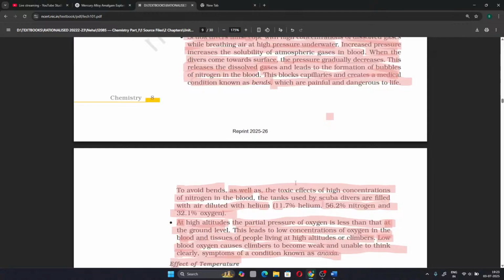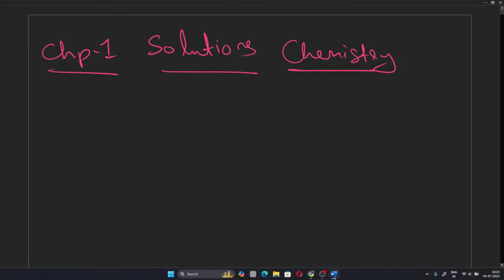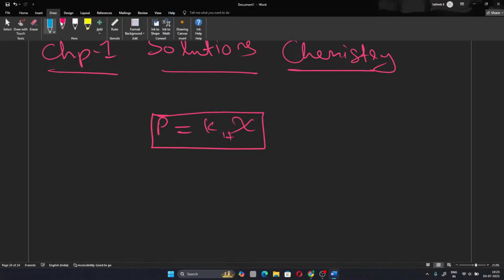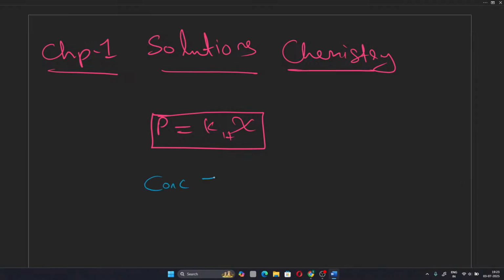This question is the second form. The first form of Henry's law is pressure equals KH times mole fraction, and the second form is concentration equals KH times pressure.